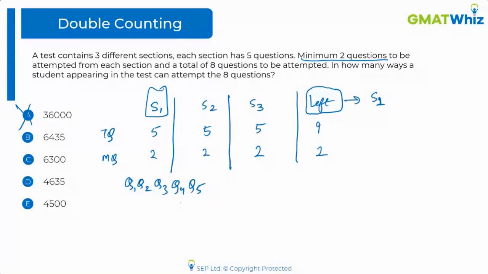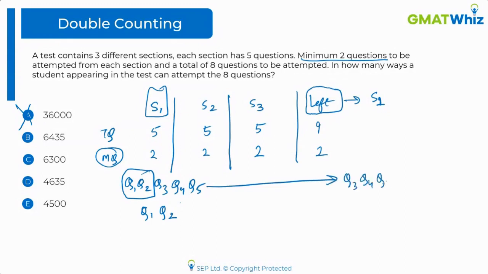So let's say section 1 has these questions: question 1, 2, 3, 4, 5. When I'm selecting 2 questions to meet my minimum criteria, let's say I'm selecting Q1 and Q2. This is my first selection. What it means is questions 3, 4, 5 go to the leftover quota.